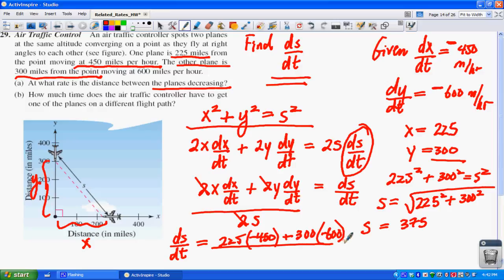You had to put in a negative there, all over s, and s we just figured out using the Pythagorean theorem, so that would be 375.